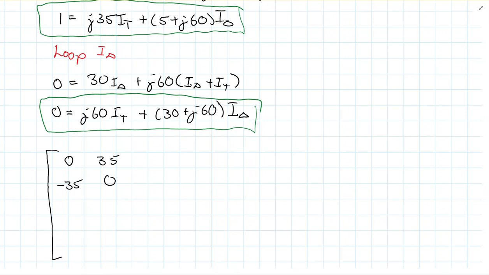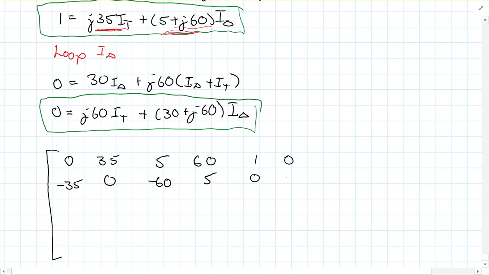That's for this I test term. And then I would put in 5, 60, negative 60, 5. And that again would be for this I delta. And then I'd have 1, 0, 0, 1.